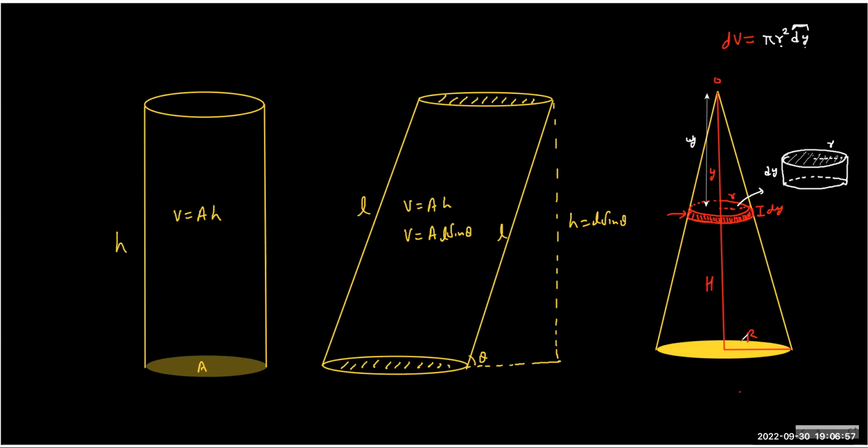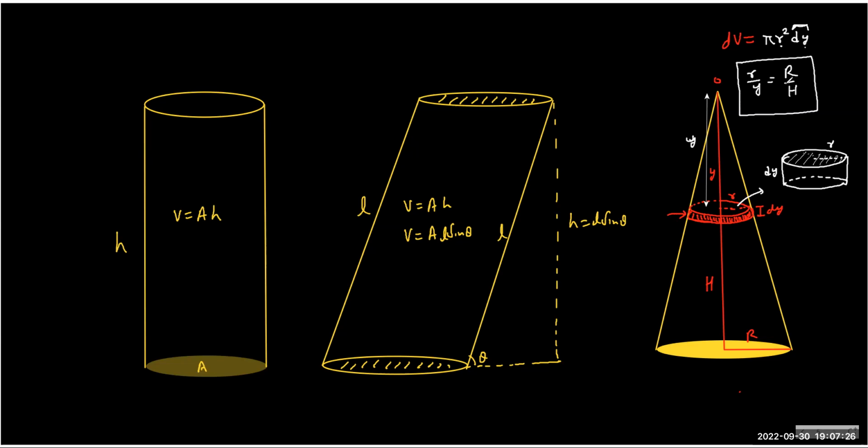Yes, sir. So r by y is equal to capital R by H. Very good, excellent. Now capital R is a constant, capital H is constant. r and y are related to each other. We always have to think about the relationship between multiple variables. In a given shape, the shape is a constraint, so things are varying as per some rules.